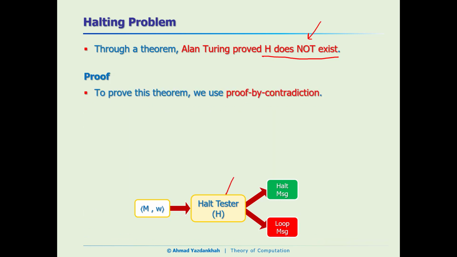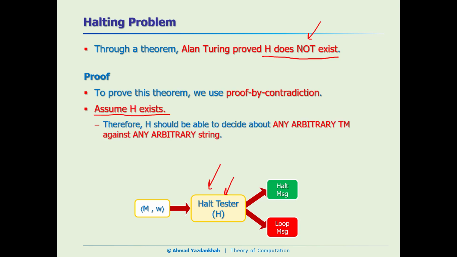We assume H exists. Now, since any arbitrary Turing machine against any arbitrary string can be fed into this Turing machine H, we intentionally try to create a special Turing machine and a special string, combine both of them, feed them into H, and show that this is a contradiction.